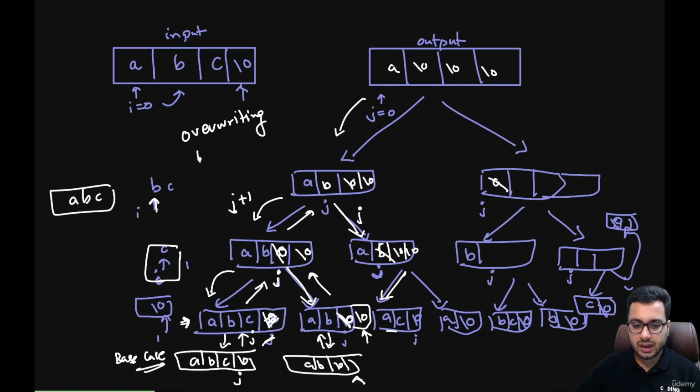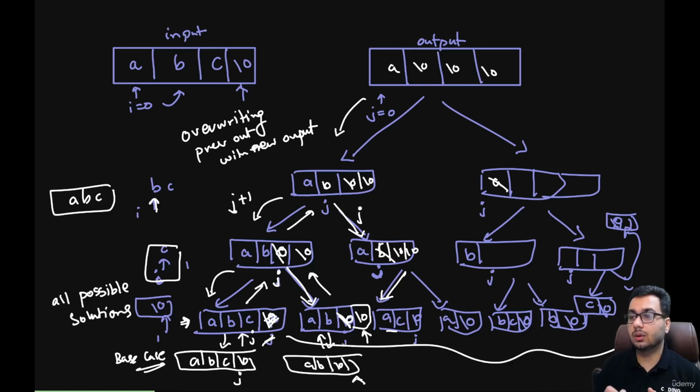But this is actually a backtracking problem. Why? Because when we are going back, we need to make some changes in the array, and we are exploring the entire search space. We are trying to find all possible solutions using backtracking, okay, and these are all the possible solutions that we are looking at.